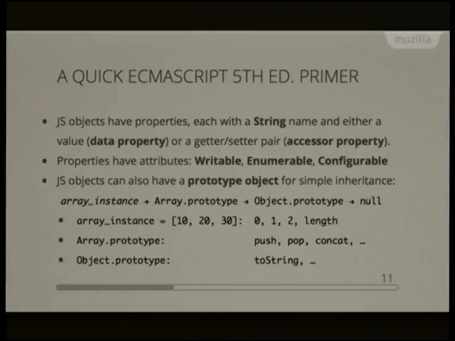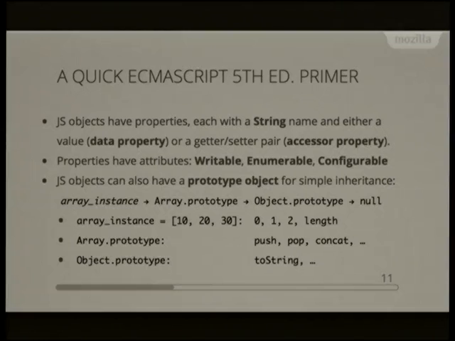The thing common to all of these kinds of objects is that they have a set of properties on them. In JavaScript, well, in the 5th edition of ECMAScript, which is the standardized name for JavaScript, a property has a string name, and it either has a value or it has a pair of functions to get and set the value of the property.